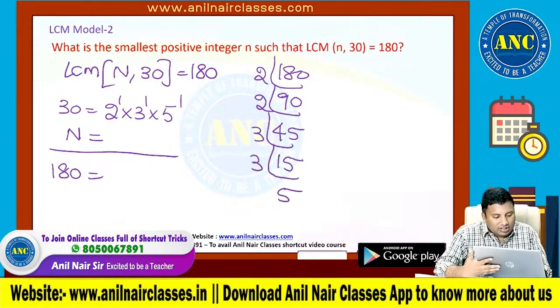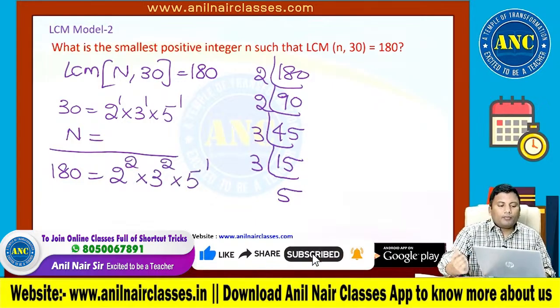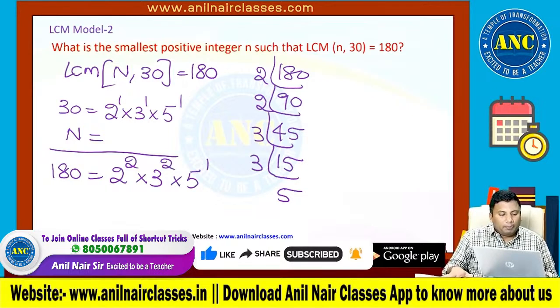So this is 2 square into 3 square into 5 power 1.